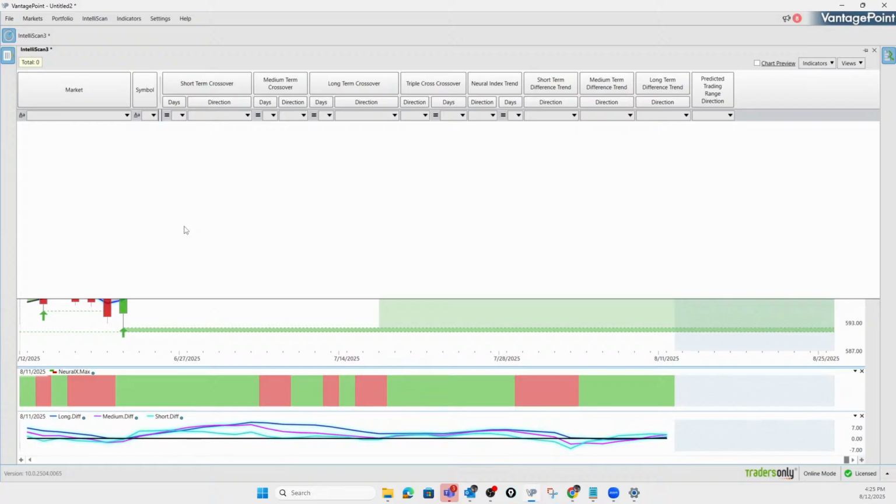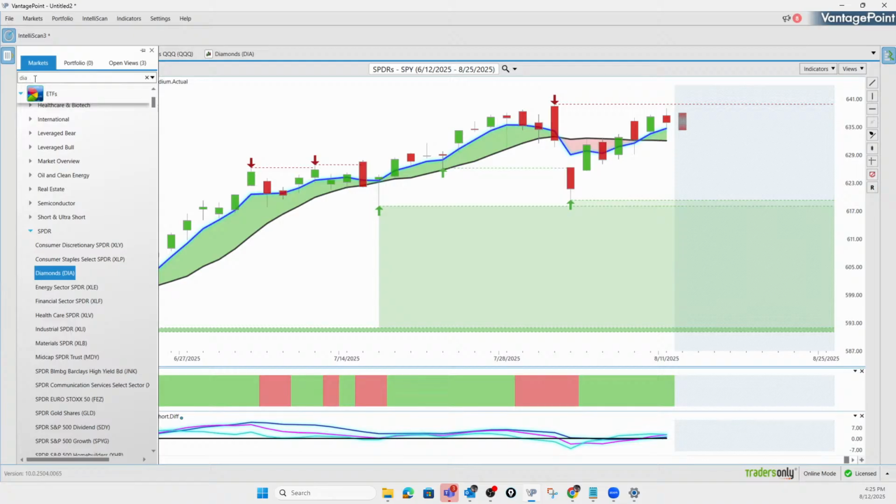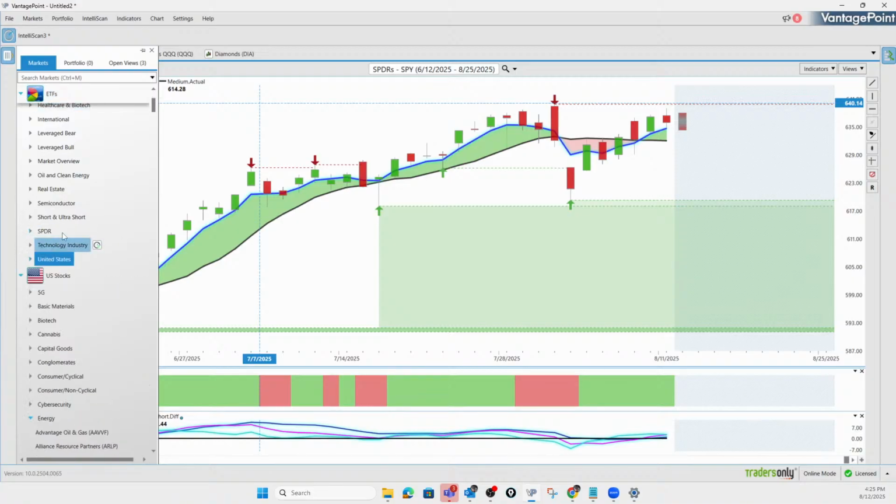Now, for those of you who don't know what a sector scan is, let me ask you this. Are you familiar with sector rotation? That ebb and flow of money movement from one sector to the other throughout the course of the year. Because there is that movement of money throughout the year.